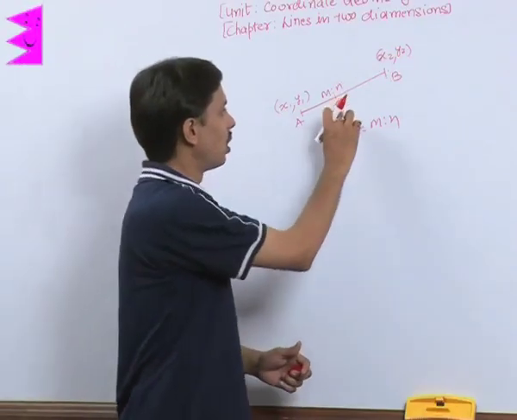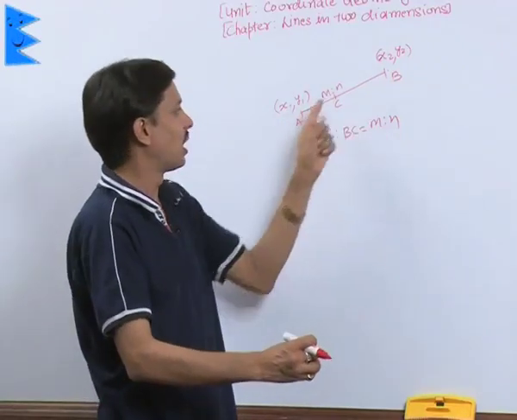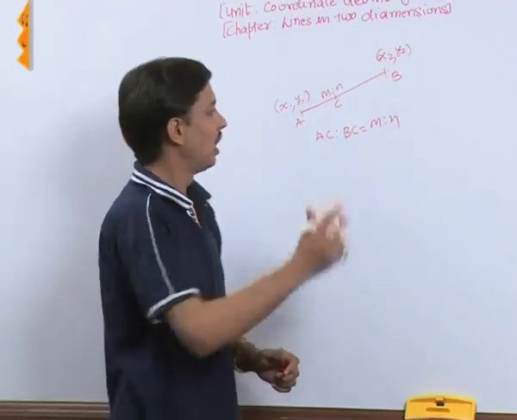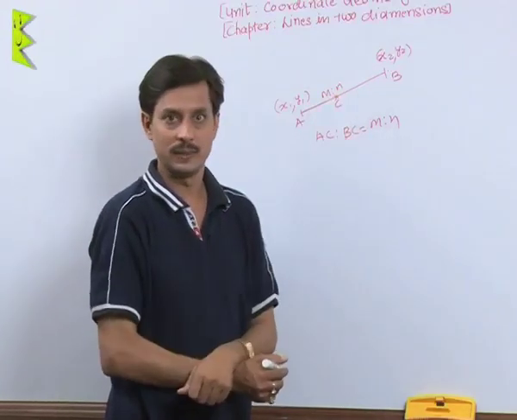Suppose you want to find the coordinates of a point lying on the line segment AB, where m is to n is the ratio of these two lengths.